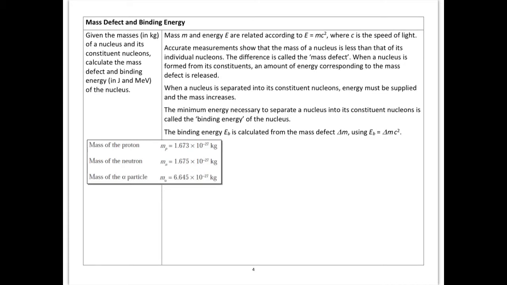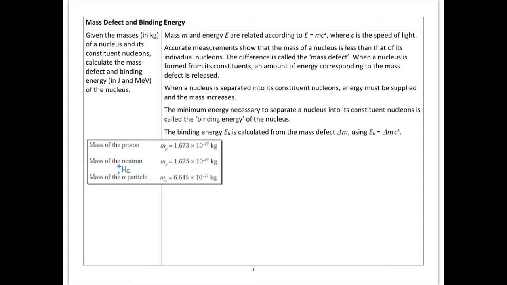So let's have a look at how this happens and what happens. So let's take this simple case. I've just grabbed this data off the formula sheet, and for the sake of this, the helium nucleus here is an alpha particle.